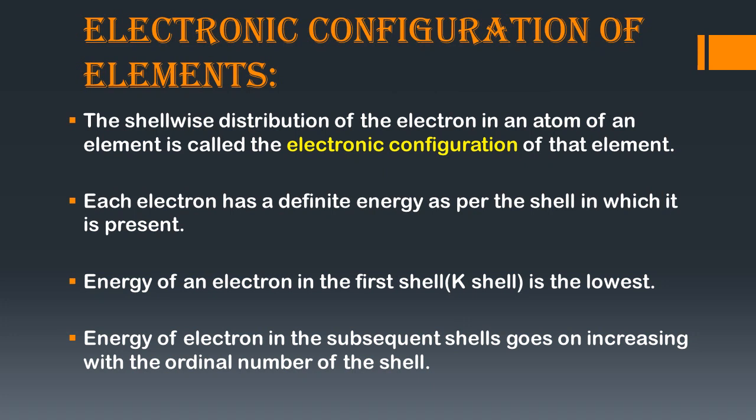Each electron has a definite energy as per the shell in which it is present. The energy of an electron in the first shell is the lowest, and the energy of an electron in the subsequent shells goes on increasing with the ordinal number of the shell. We have seen in our previous session that when an electron jumps from an inner orbit to an outer orbit, its energy increases, but when it jumps from outer to inner orbit, its energy decreases.